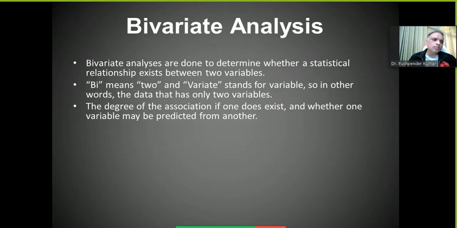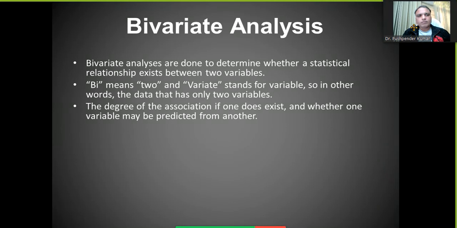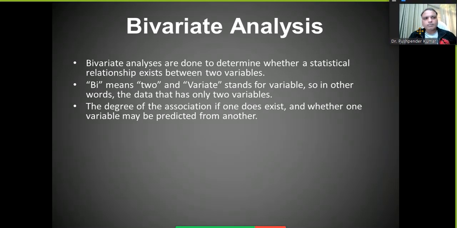So first, as a researcher, you need to check between two variables, are they associated with each other? That is our role, that is our responsibility, to see up to what extent we can say that they are somewhere associated with each other, right?